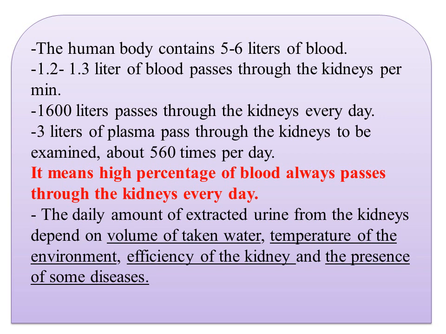It means that a high percentage of blood always passes through the kidneys every day. The daily amount of urine extracted from the kidneys depends on the volume of water taken, the temperature of the environment, the efficiency of the kidney, and the presence of some diseases.